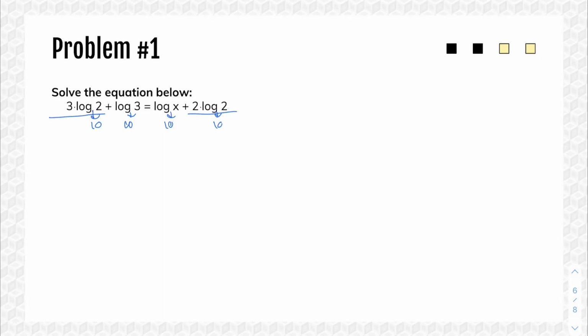We could use the power rule, which states that any log that is being multiplied to can be converted to a log with an argument with an exponent and vice versa. So we could simplify these logarithms by using the power rule.